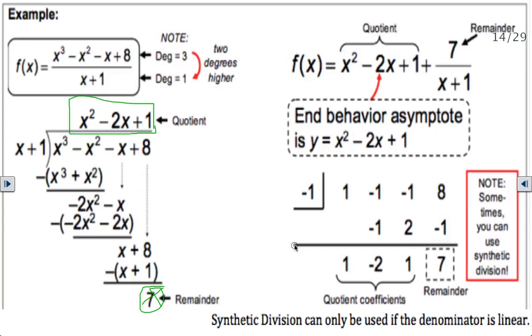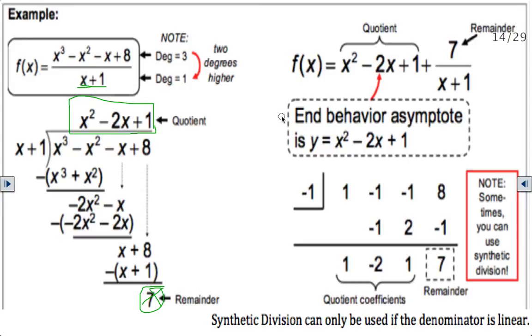One thing that you should note, and I know lots of you would probably really prefer the synthetic division over long division, because long division is a little bit more complicated. There's more things you have to worry about. You can use synthetic division sometimes if your denominator just has a variable and then plus or minus some number. Okay, so that's the only time you can use synthetic division, if it's linear.